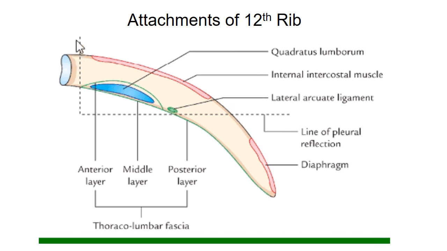For now, just remember its name and level. This recess is related to the medial 3/4 of this costal surface. This line is indicating the level or relation of costodiaphragmatic recess of pleura to this surface.